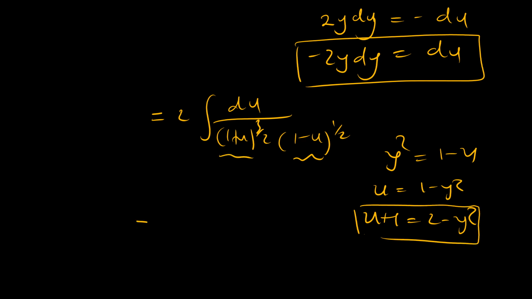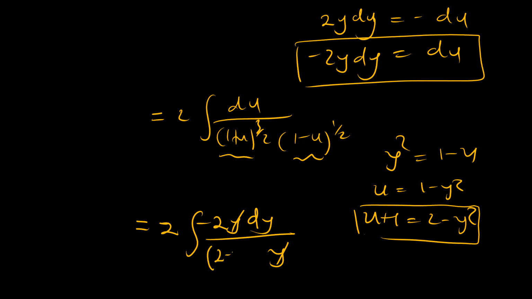So we're going to use this in place of this. And so we're going to have now our integral of 2 in place of du. We have negative 2y dy, over, and we have another y here in place of that, so that and that cancels, and in place of (1 plus u) to the power 3 over 2, we have (2 minus y squared) to the power 3 over 2.